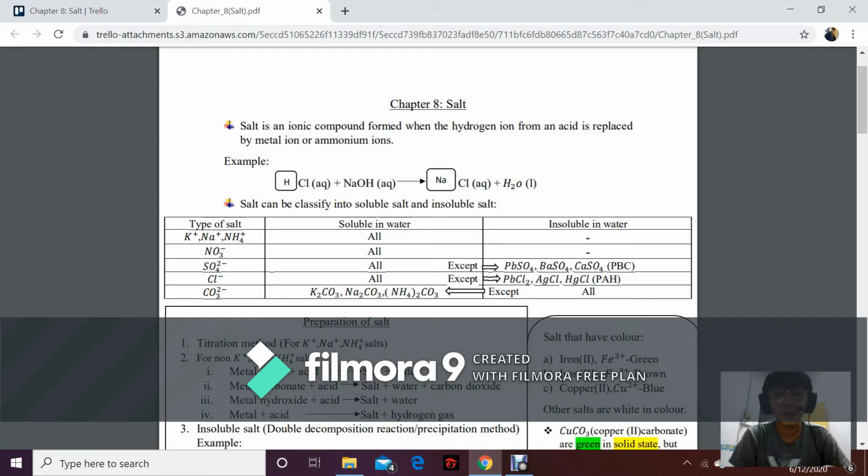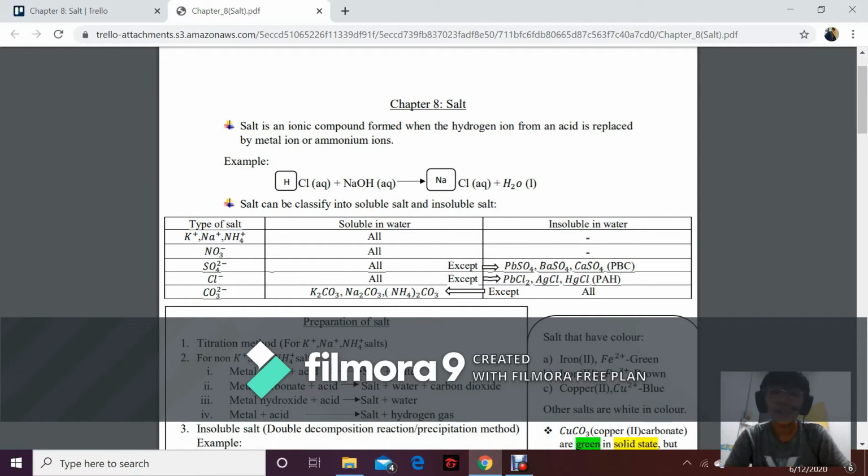So you need to remember PbC. P is for lead, Pb. B is for barium. C is for calcium. So lead, barium, calcium, PbC. These three salts, if you see for sulfate, are insoluble in water. But other than that, is soluble.